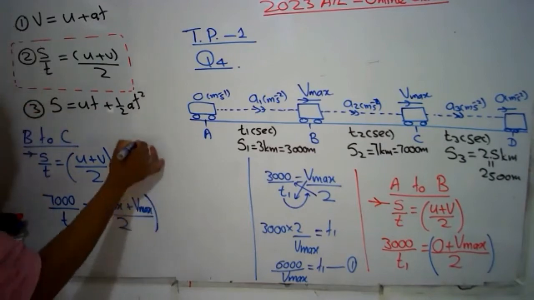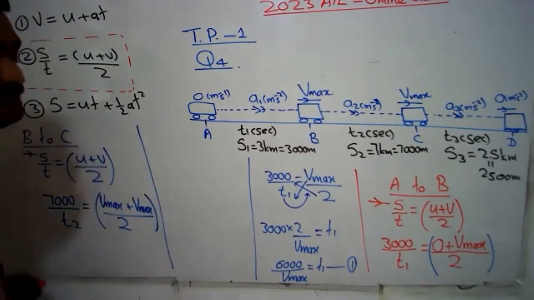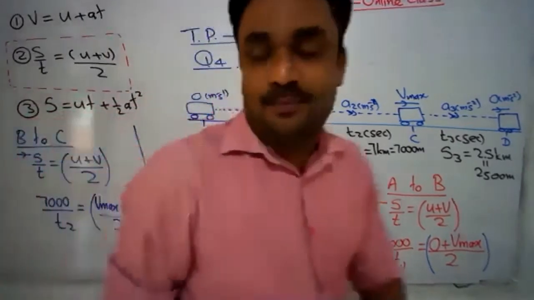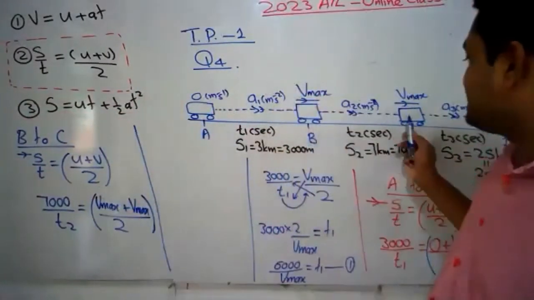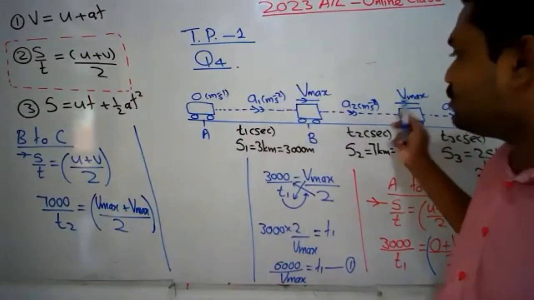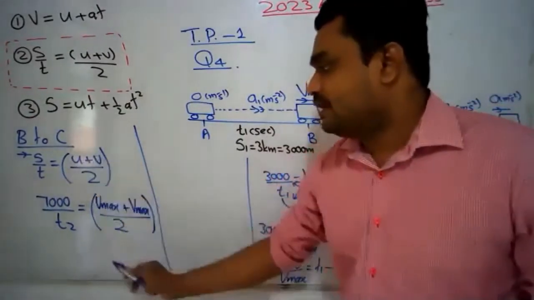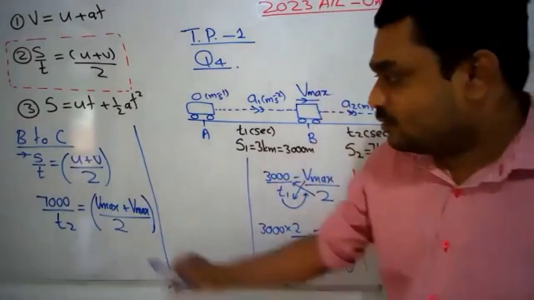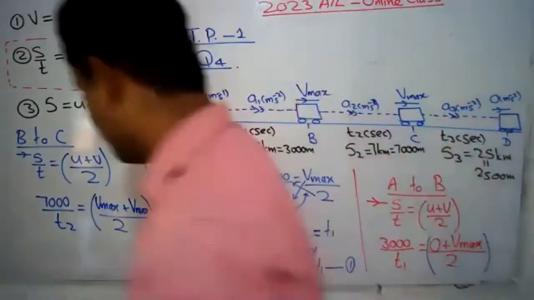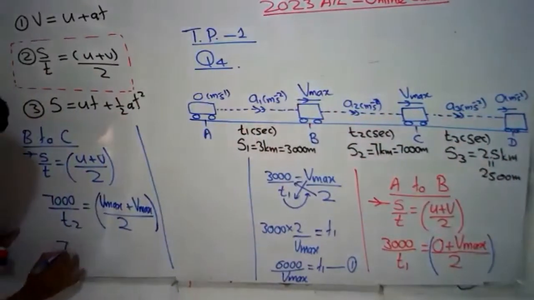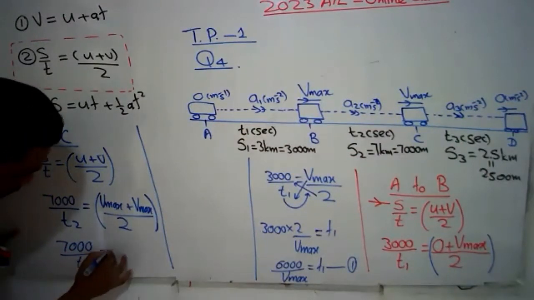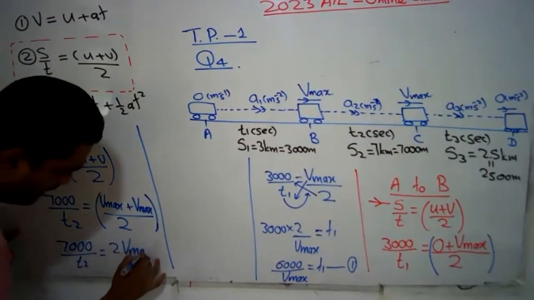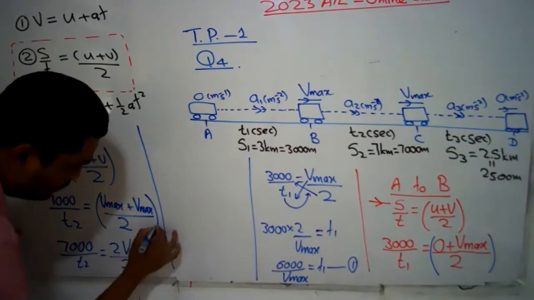Is it clear here? Velocity at point B is the initial velocity, that is Vmax. Velocity at C is the final velocity, that is also Vmax. So initial and final velocities are both Vmax. Vmax plus Vmax is 2Vmax. So then we will get 7000 divided by T2 equals 2Vmax over 2.